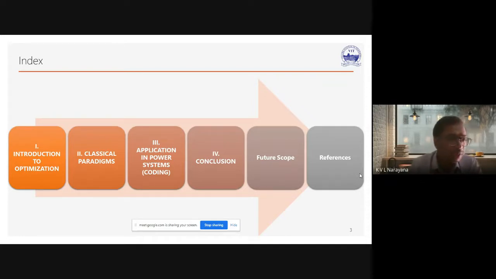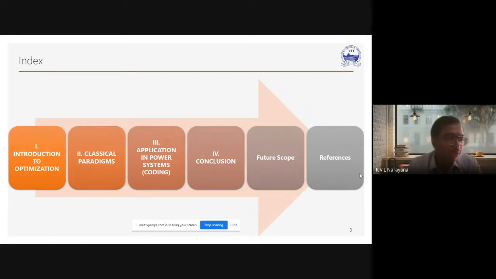In the second part, we will explore the function of 3 important optimization algorithms: particle swarm optimization, genetic algorithm, and differential evolution. These are the classical paradigms. Many researchers have worked on improving these classical paradigms to get better solutions for various complex problems.